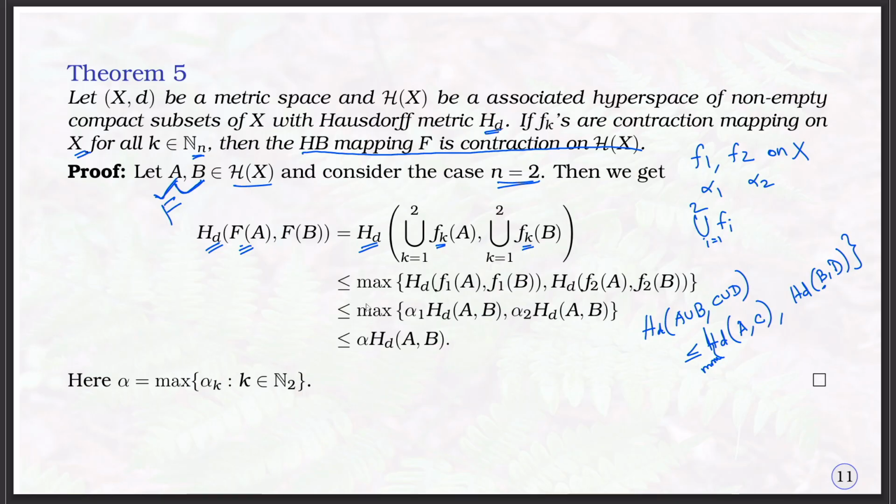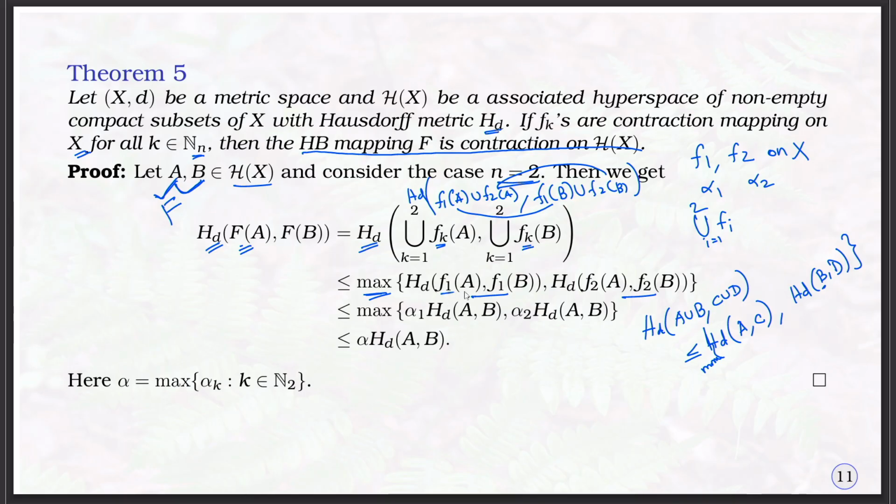So, as per this result, one can obtain the Hausdorff distance between F1 of A union F2 of A and F1 of B union F2 of B. This is less than or equal to the maximum of the Hausdorff distance between F1 of A and F1 of B, and the Hausdorff distance between F2 of A and F2 of B. We get the maximum of these two quantities, and the distance is less than this quantity.